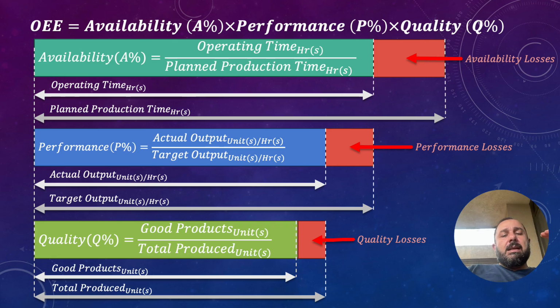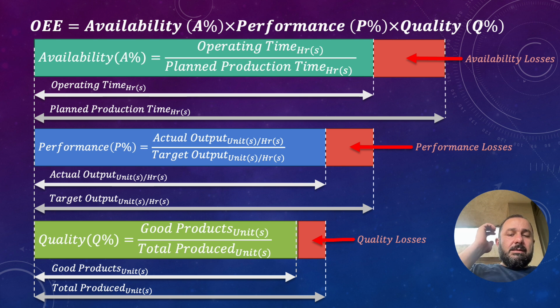I'm giving you a planned production time. How much you have used out of this planned production time is called the operating time. The operating time is the time when the machine is operating and running, whether it's running at low speed or high speed, it is on. So availability will be the factor that is operating time over the planned production time.